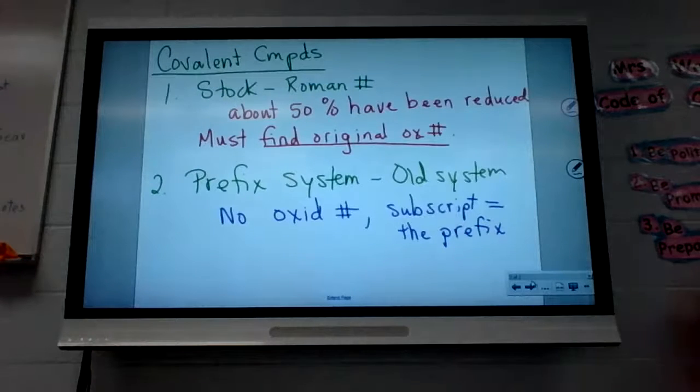All right, the stock system requires you to find the original oxidation number. The prefix or the old system does not require an oxidation number. We don't care what it is. The prefix is the subscript. That's the distinguishing factor between the two. Okay?